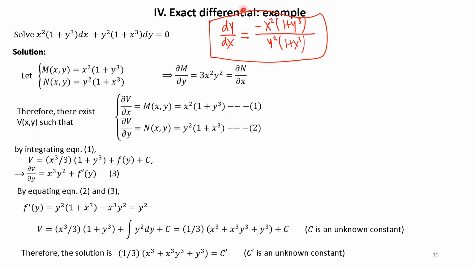The solution to this equation, remember, is the contour line of this V function. That means it's just V equals some constant. Therefore, the solution is this: this one equals some constant C prime.